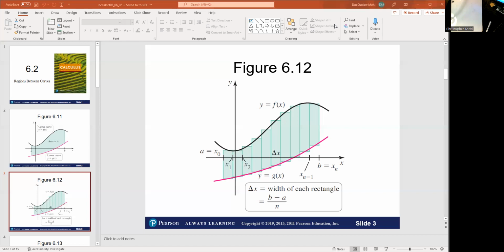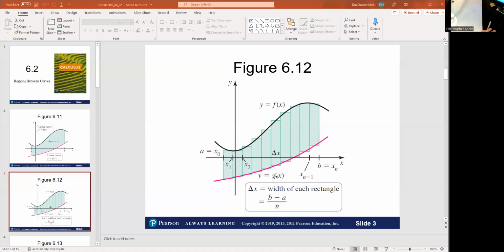I've chopped this up, and I'm going to approximate my area by a bunch of these rectangles. On each subinterval, we're building a rectangle that extends from the lower curve to the upper curve. On the kth subinterval, the width of each rectangle is (b minus a) over n.